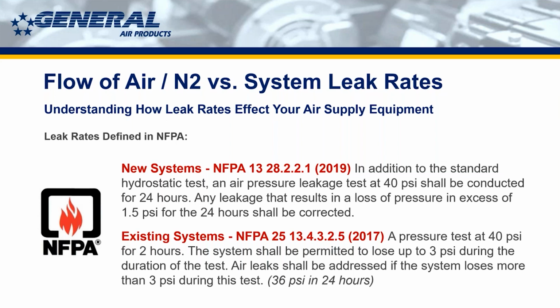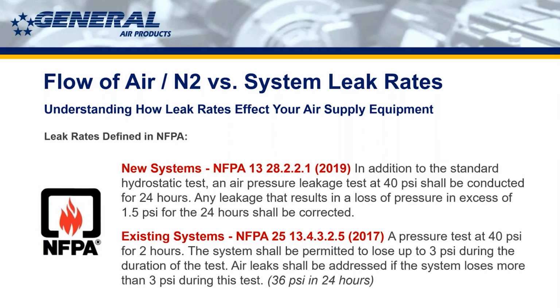Okay. If it's an existing system, you now have a 3 PSI every 2-hour test that's done every 3 years to make sure that the system is within compliance. And that works out to a 36 PSI over a 24-hour period allowable leak rate. So those are the parameters for the leak rates.